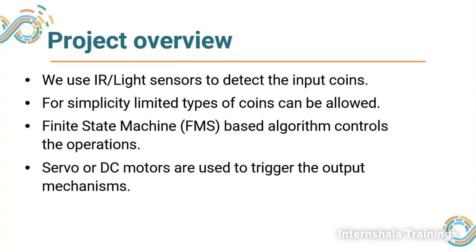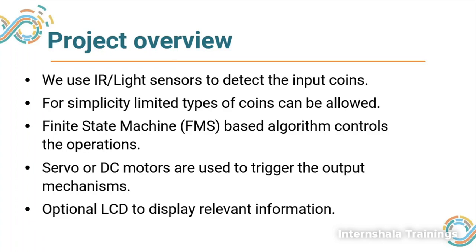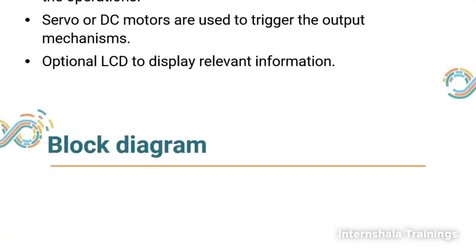Then we can use servo or DC motors to trigger the output mechanism which is going to dispense your desired snacks, and an optional LCD can be used to display how much amount you have entered, what product you have selected, how much change will be returned, or if the product is not available. All these things can be displayed using this LCD.